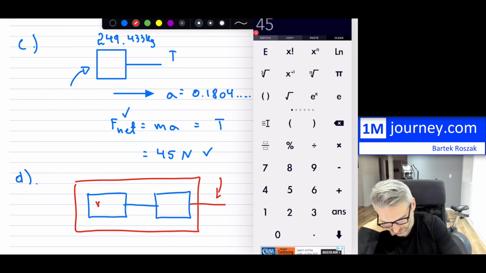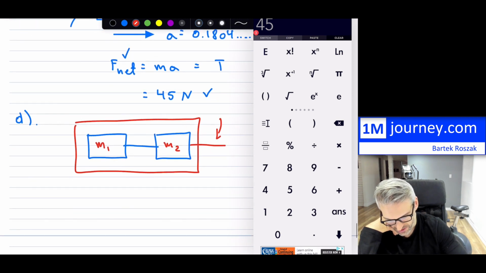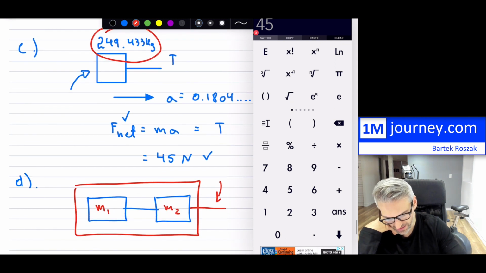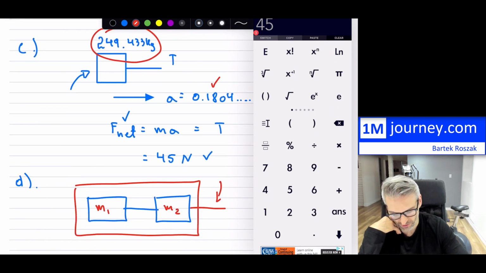So you have the mass of the first one and the mass of the second one, so that's going to be twice the mass that we have over here. And again, we have the acceleration already. The acceleration is the same. The only thing that changes is that you now have twice the mass.